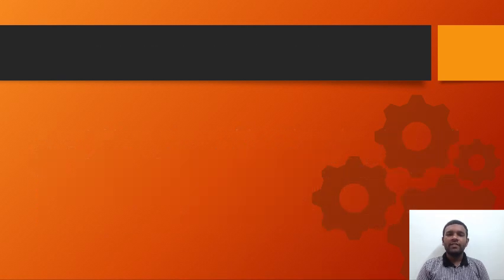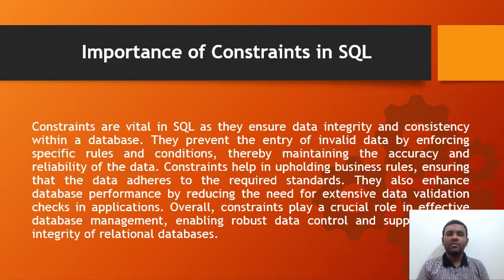Next, let us look at what is the importance of constraints in SQL. Constraints are vital in SQL as they ensure data integrity and consistency within a database. They prevent the entry of invalid data by enforcing specific rules and conditions, thereby maintaining the accuracy and reliability of the data.